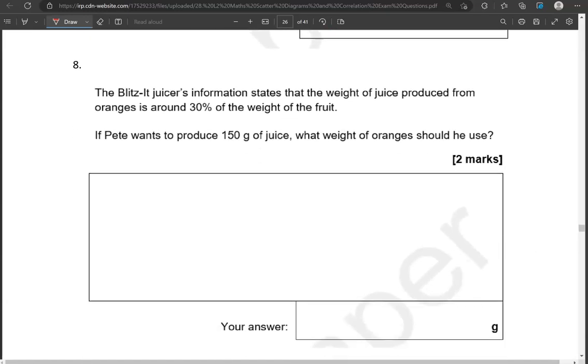The blitzed juice information states that the weight of juice produced from oranges is around 30% of the weight of the fruit. If Pete wants to produce 150 grams of juice, what weight of oranges should he use? So I'm going to try and represent this using a bar.